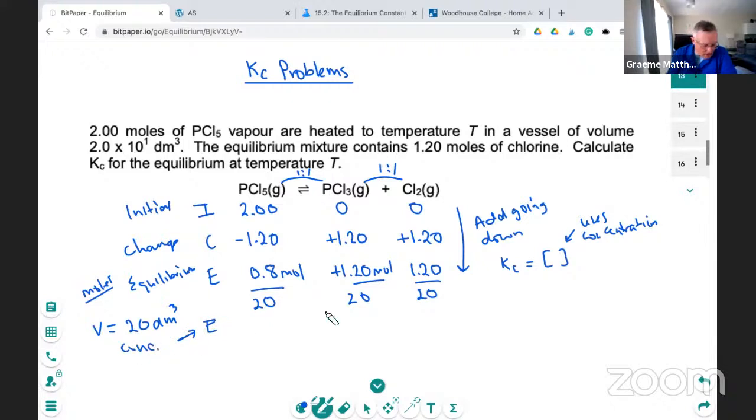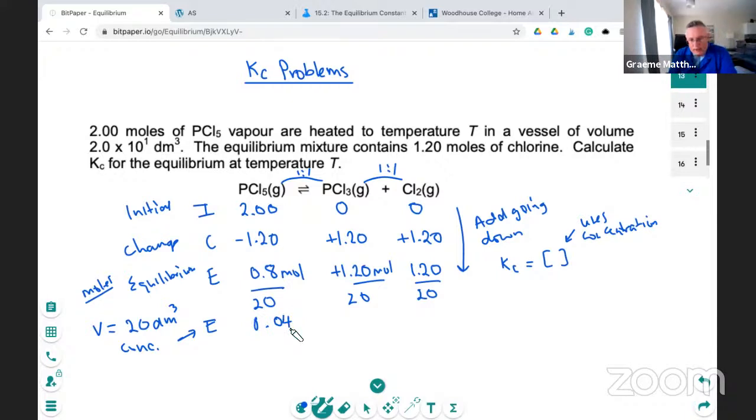All right, calculators on, chemists. So I've got 0.8 divided by 20. I got this to be 0.04. And 1.2 right there, divided by 20.